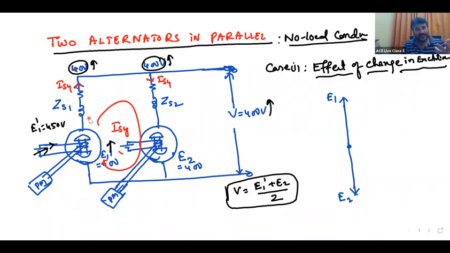That armature current we are calling the synchronizing current. Synchronizing current is reactive current. So the first machine is delivering reactive power and the second machine is absorbing it. So synchronizing power is the reactive power delivered by the first machine and absorbed by the second machine.